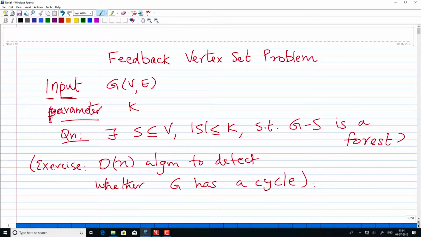Independent of m, regardless of the number of edges, you can detect whether G has a cycle in order n time. But that's a next level exercise.